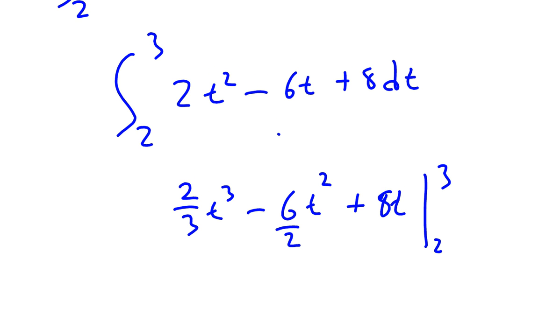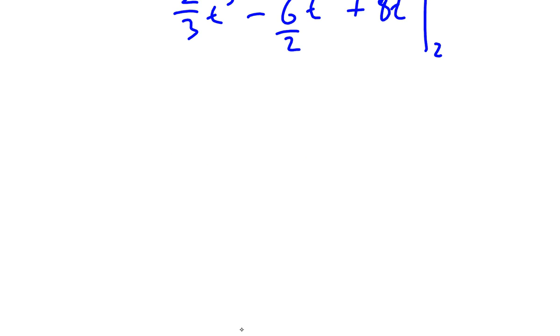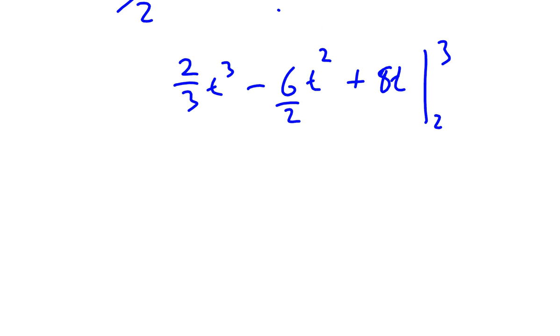And then we have to evaluate this from 2 to 3. So we take the time and plug in 3 first, sorry. We always take the top number, plug it into the expression, and then plug in the bottom number and subtract. We plug in 3. 3 cubed is 27 times 2 is 54 thirds. And then we're going to have minus, this 6/2 is really a 3. If I plug a 3 in there, 3 squared is 9 times 3 is 27.